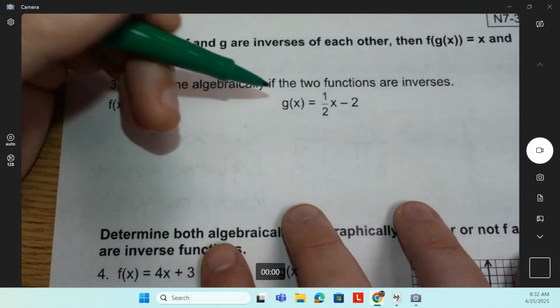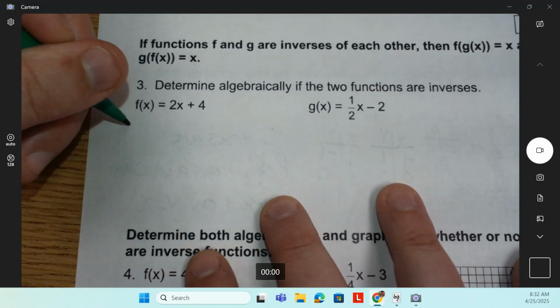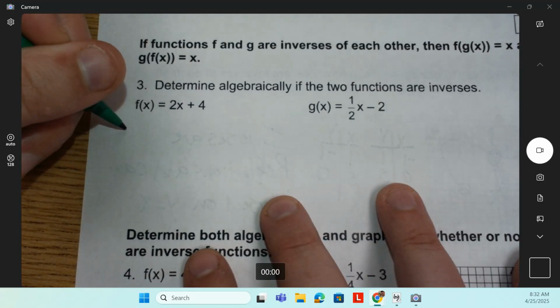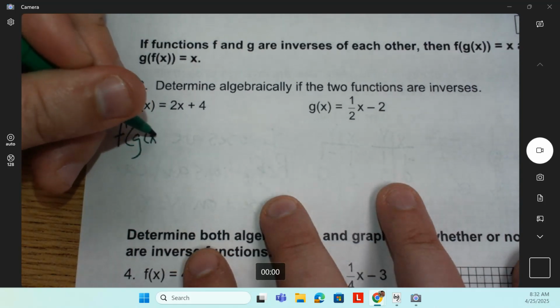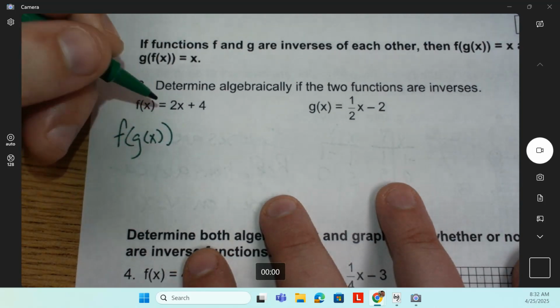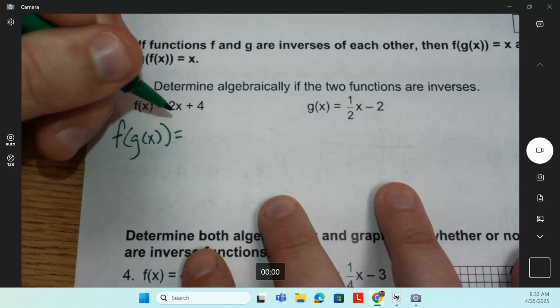We're going to put g of x inside for x of f of x. So it'd be f of g of x, basically meaning we're going to take the g of x function and plug it in for that.